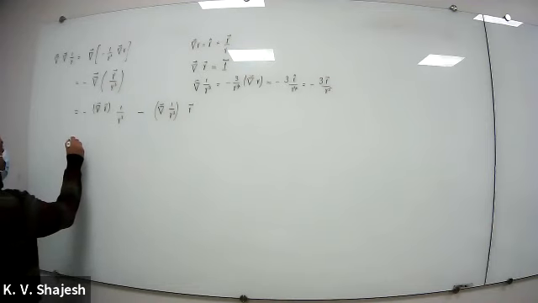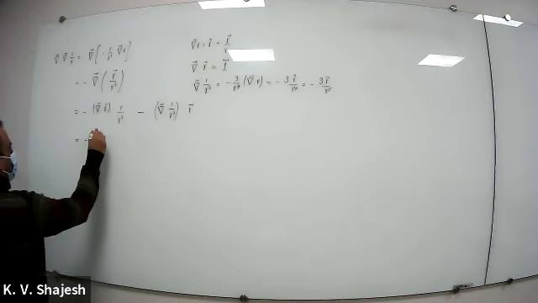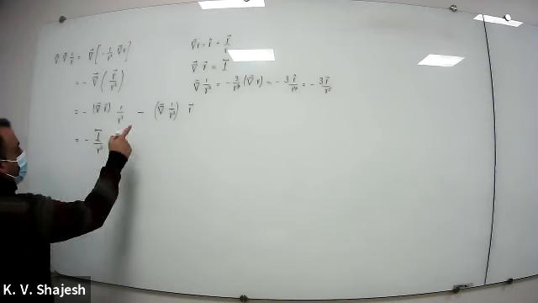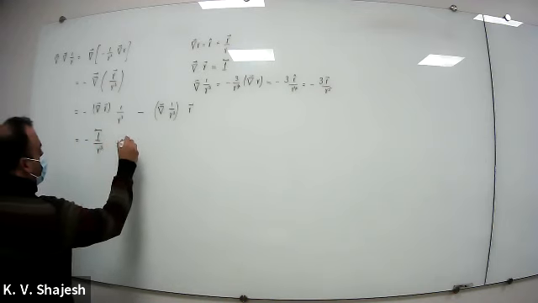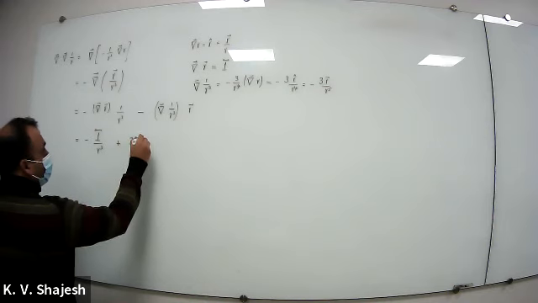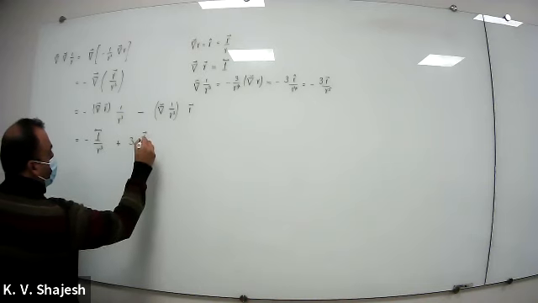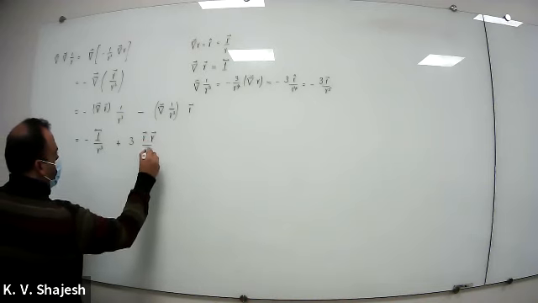So that gives me minus 1 over r cubed, and this is plus now 3 times vector r over r raised to 5, then another vector r.